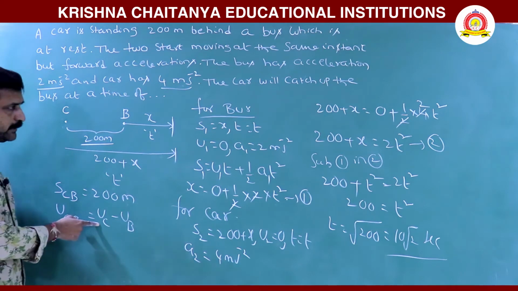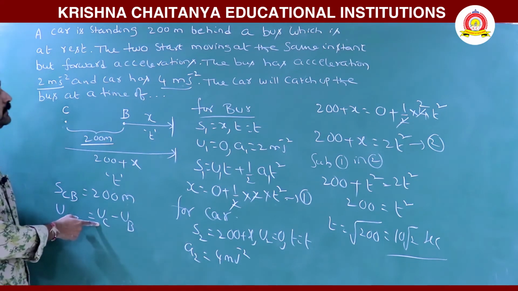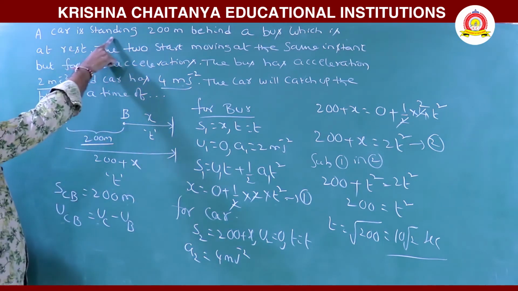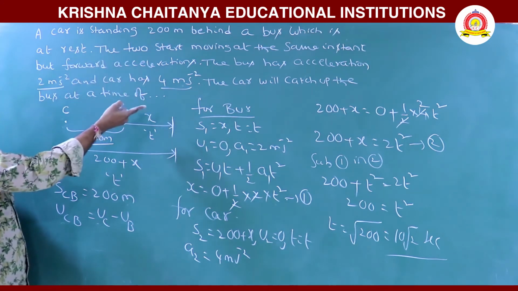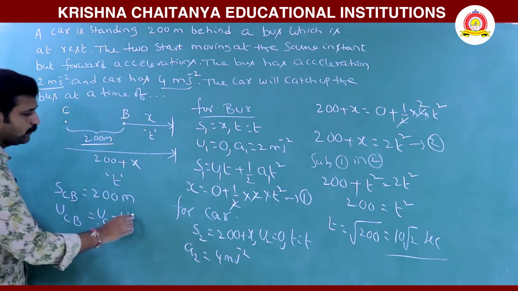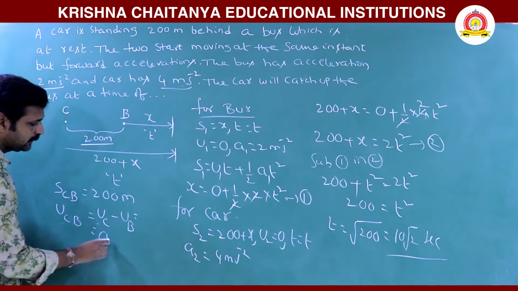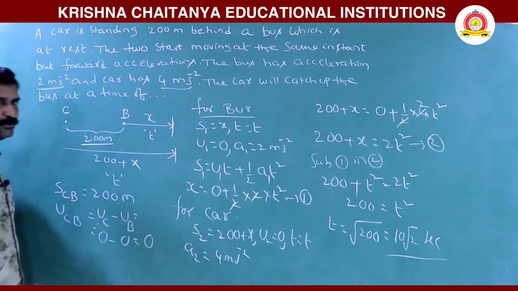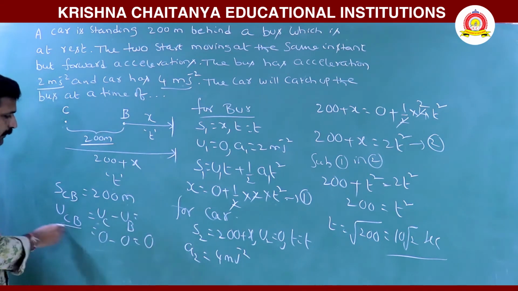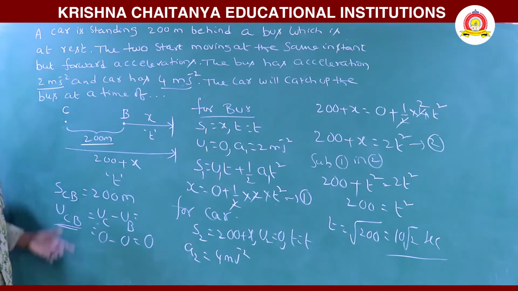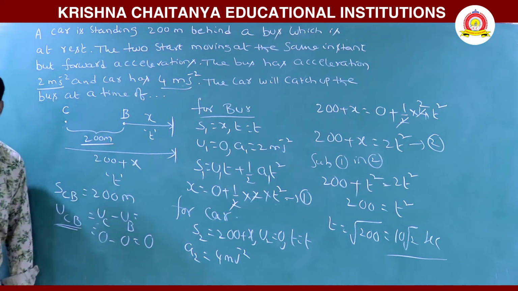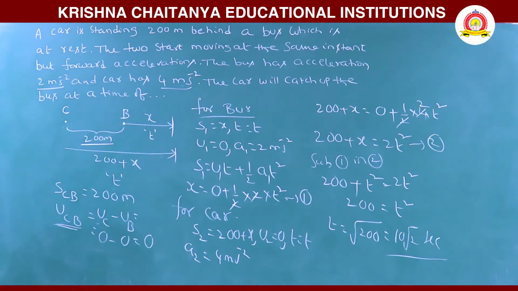Since the car's velocity is initially 0, given that it started from rest, and the bus is also at rest, it is 0 minus 0. So the initial relative velocity is 0.